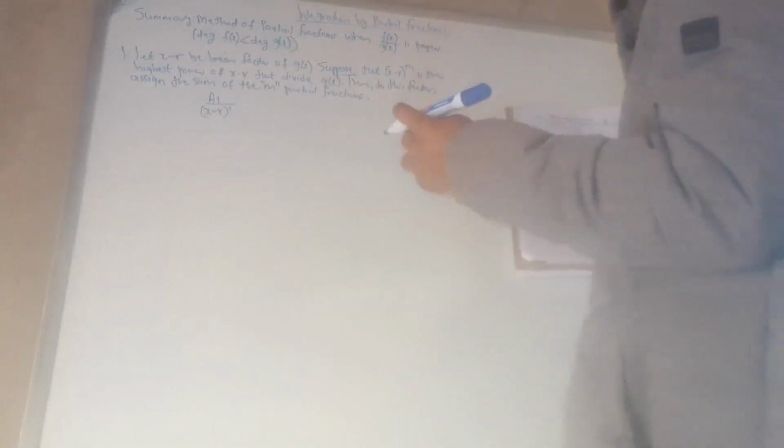This will be an exponent of 1. Remember, to this factor we assign the sum of the m terms of these partial fractions. So I'm going to say x minus r to exponent of 1, which is a linear factor of the denominator.